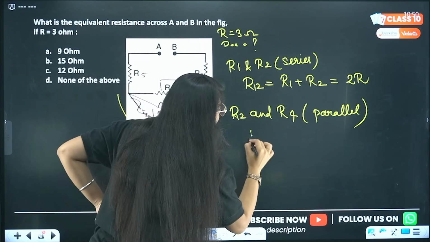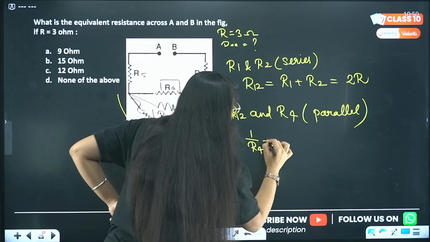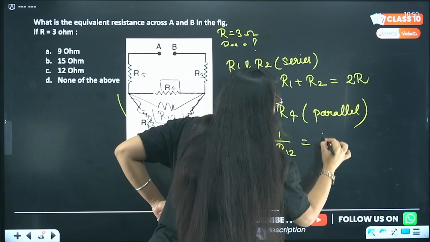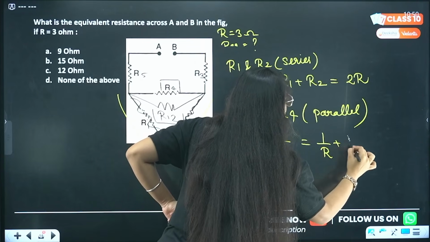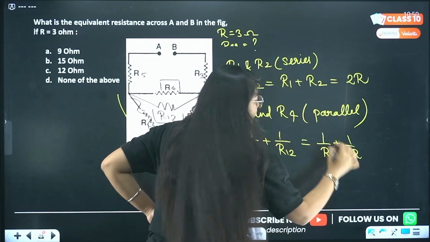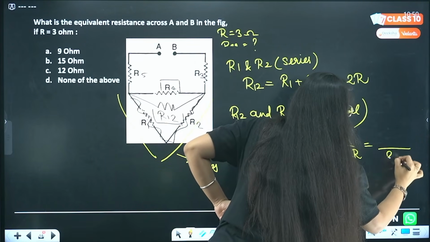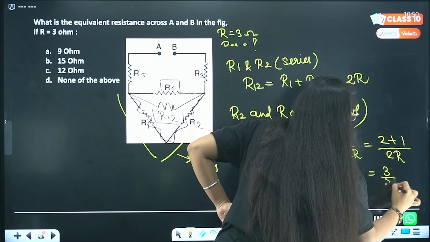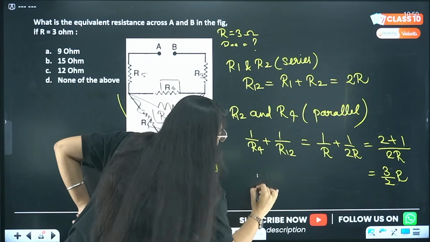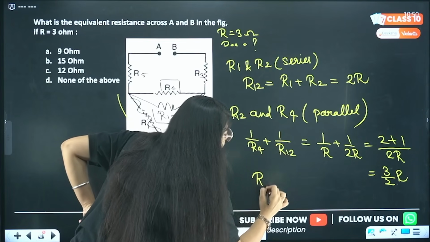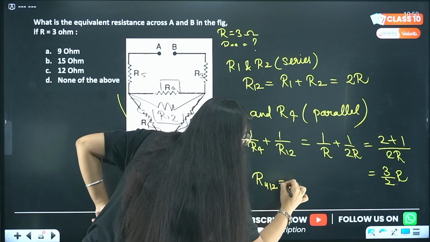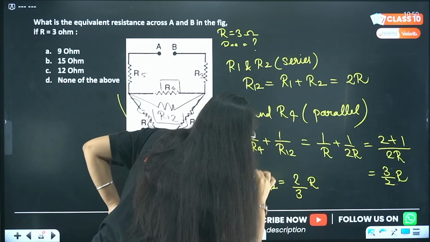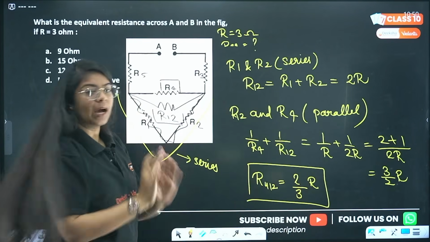That will be 1 by R4 plus 1 by R12. Correct? That will be 1 by R plus 1 by 2R. Now just take the LCM, 2R, 2 plus 1, that will be 3 by 2R, and R equivalent of R412 will become 2 by 3R. Understood? Till here, any doubt?